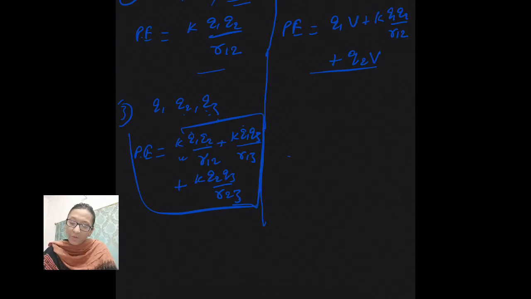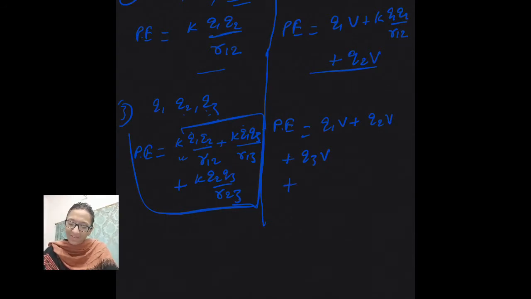But with an external field, the potential energy will be potential energy due to Q1 charge plus potential energy due to Q2 charge plus, in the external field obviously, plus potential energy due to Q3 charge, and plus this potential.